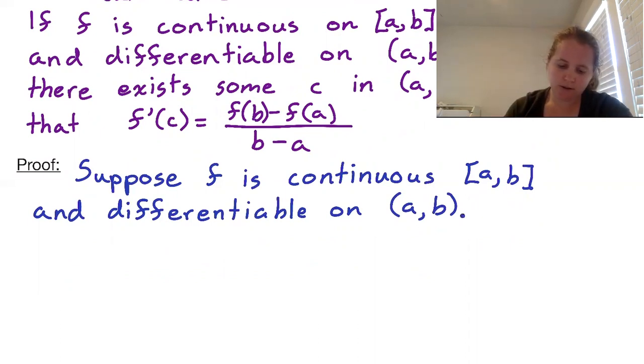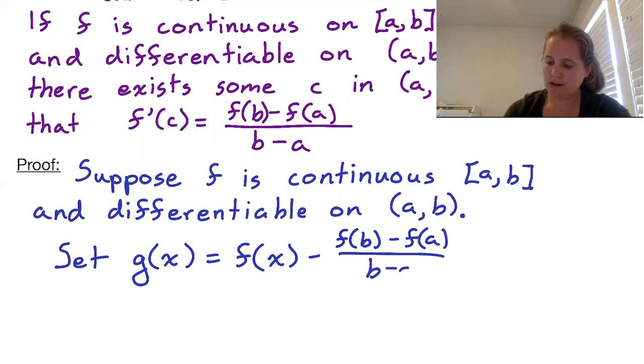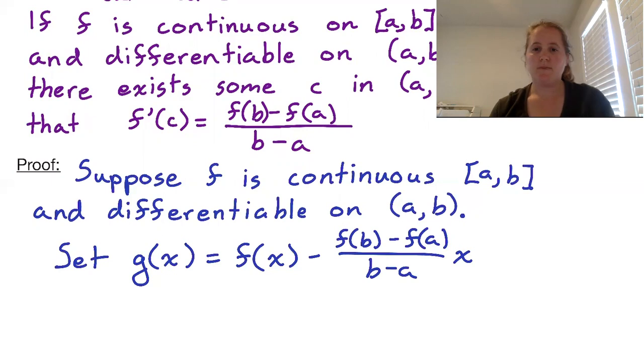So what we are now going to do is set g of x equal to f of x minus f of b minus f of a all over b minus a times x. Essentially, we've taken the line through the origin that has slope equal to the average rate of change, our desired slope, and we're subtracting that off.